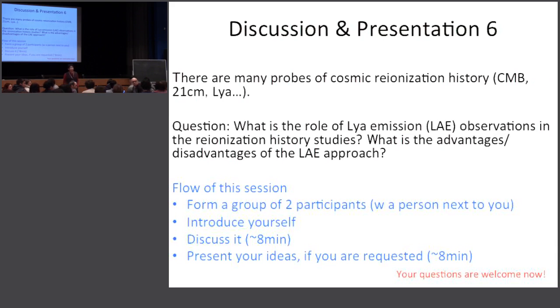You're already entering a redshift range that should be more constraining for the reionization epoch, as you showed in those plots earlier. So that's also an advantage, we thought. Anything else? Do you have any comments? No.